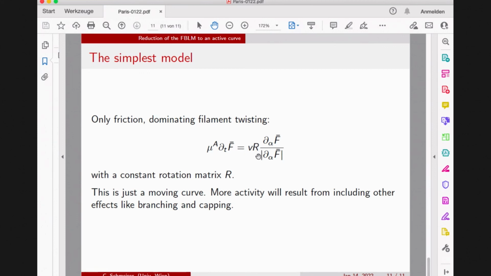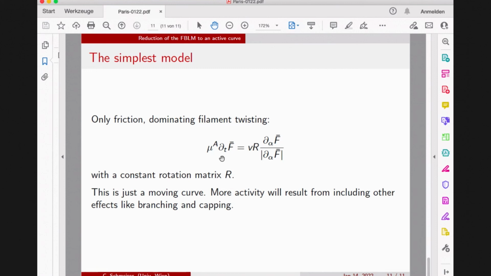And V is the polymerization velocity. So this just gives the growth of the cell in a certain direction, at a certain angle relative to the leading edge. You all maybe know the flow of curves along the normal, and here it's just not the normal, but a certain given direction.